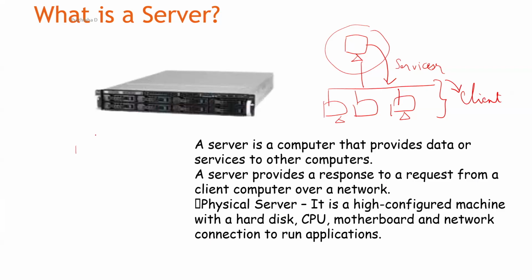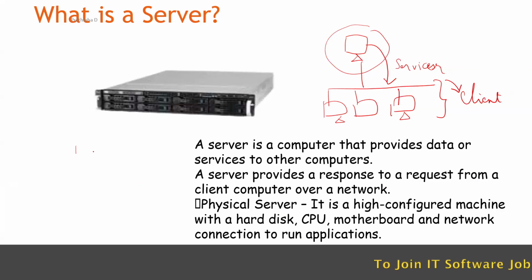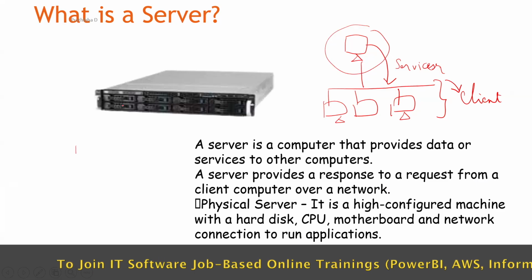What we saw was a physical computer which we are using locally. But in organizations, when they are using a huge amount of data, it's a highly configured machine, and this is how it will look. It has the hard disk, processor, motherboard, network, and all the applications.